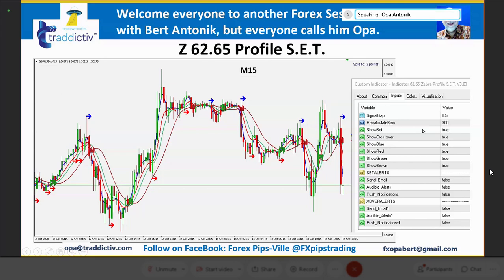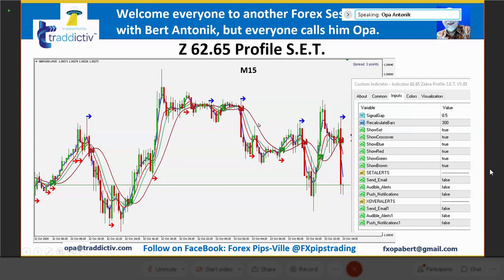Okay, so we're looking at the set. We're showing the set. We're showing the crossovers. Crossovers are where the profile is changing direction, primarily crossing over the brown line. Remember, the brown line is our median when we talk about the profile as the highway.